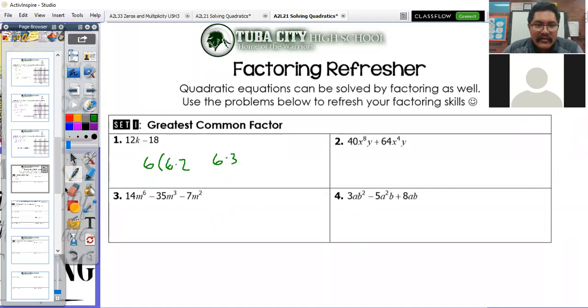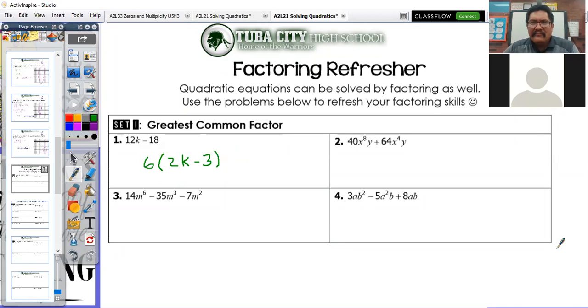What I did was I took a 6. That 6 is gone, this 6 is gone. That's why I'm only left with 2 and 3. So 6 times 2k minus 3, and now it's factored.